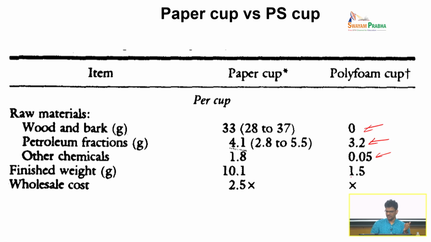But if you think about the weight of this plastic foam, it's about 1.5 grams only, because it is a very low density. So you can create the cup with a very small amount of material. The same comparison we did, if you remember, in the case of clamshells, the disposable container clamshells, when we compared PS foam versus, let us say, PET or paper. So this difference we saw already.